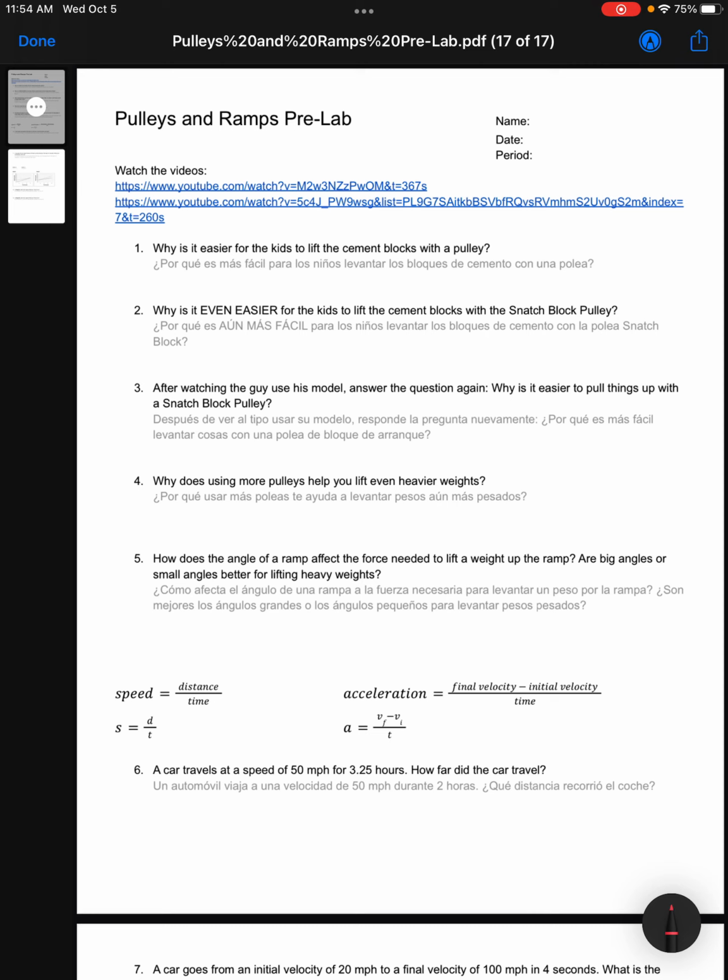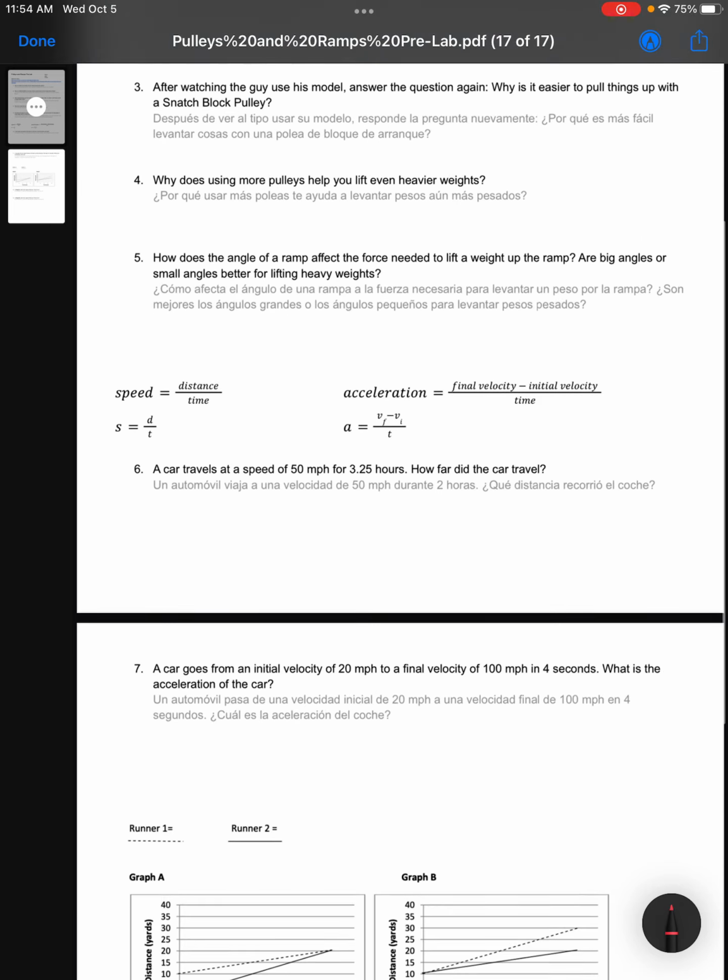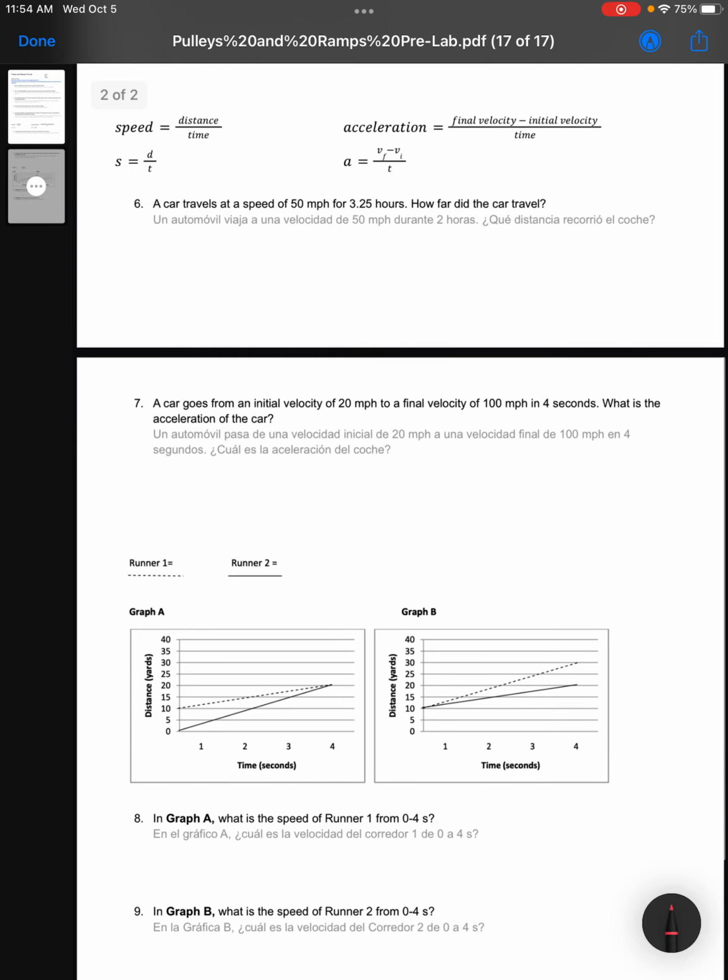So let's look at question 6. Question 6 says, a car travels at a speed of 50 miles per hour for 3.25 hours. How far did the car travel? So let's start by underlining all the important information, all the numbers, all the measurements in the question.